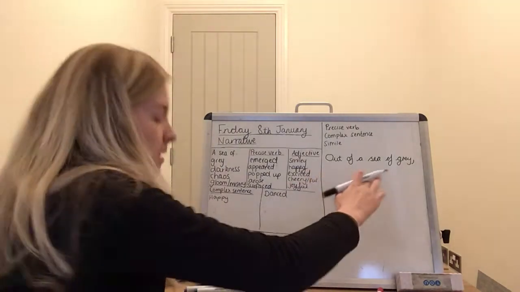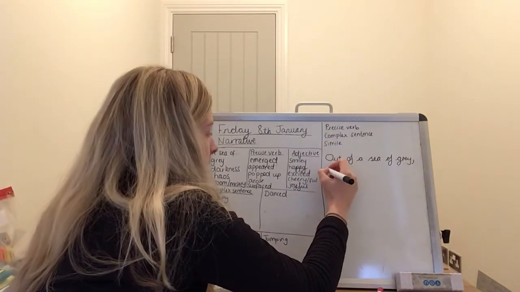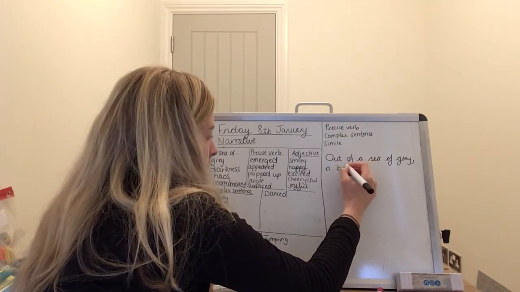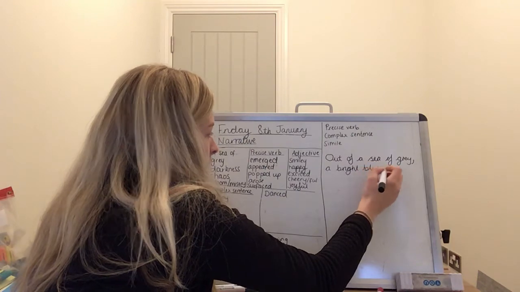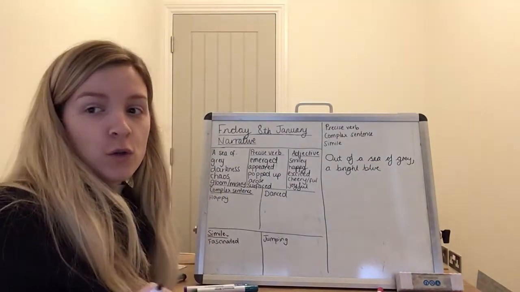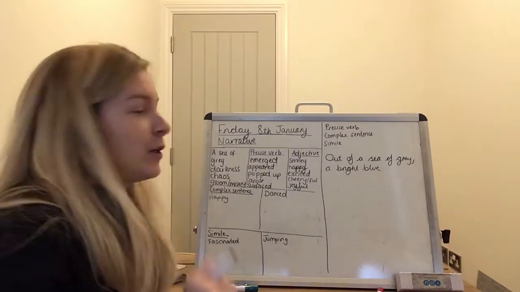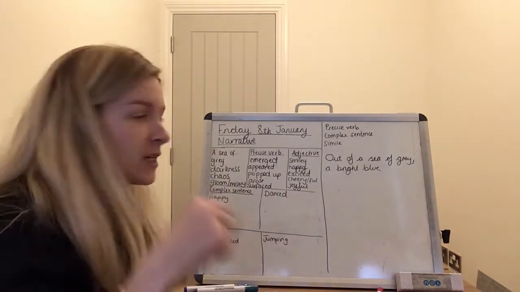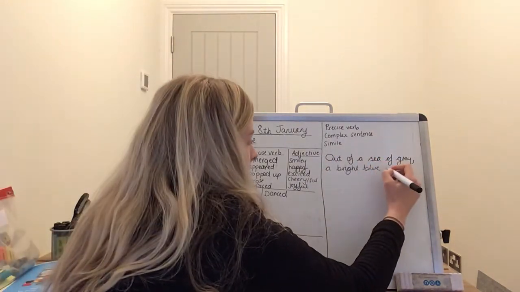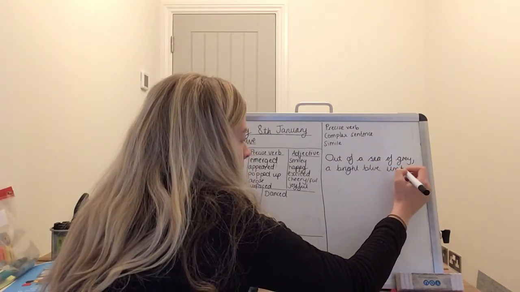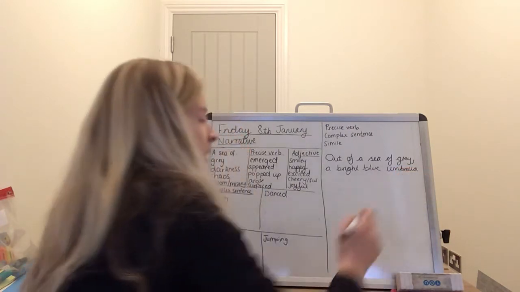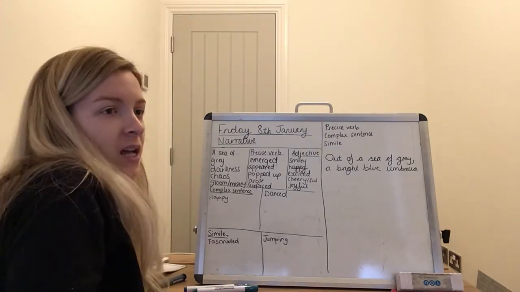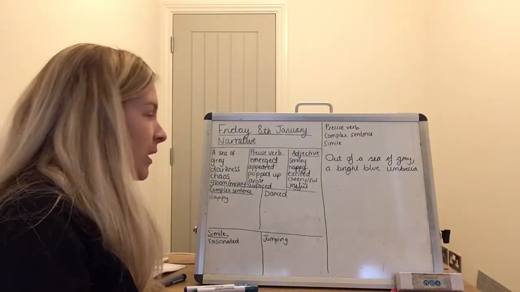So out of a sea of grey, a bright blue, yours might say a dazzling blue, or a joyful blue, or an excited blue umbrella, or a happy blue umbrella, a smiley blue umbrella.